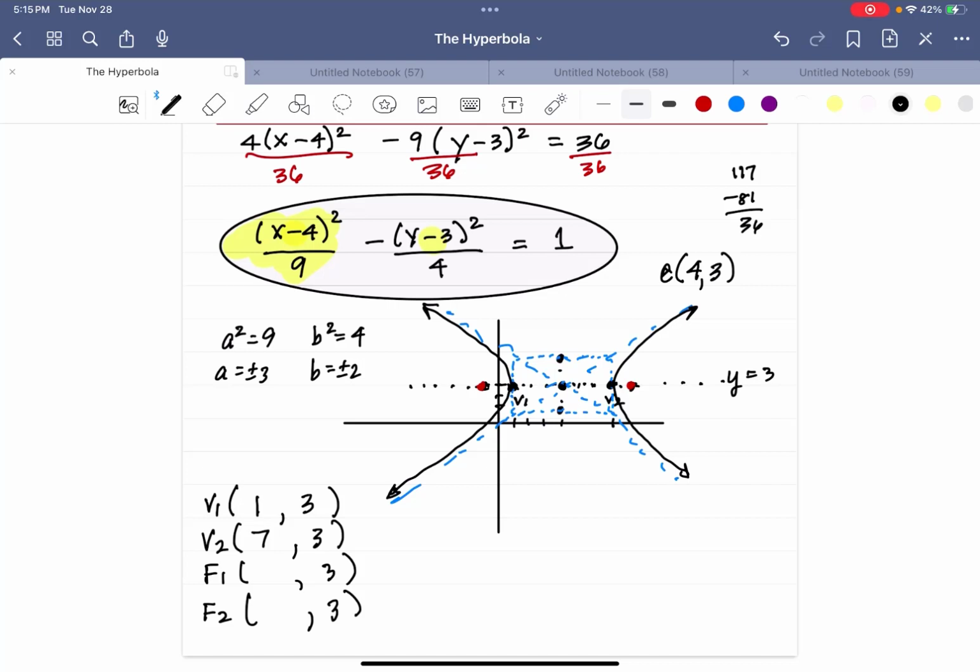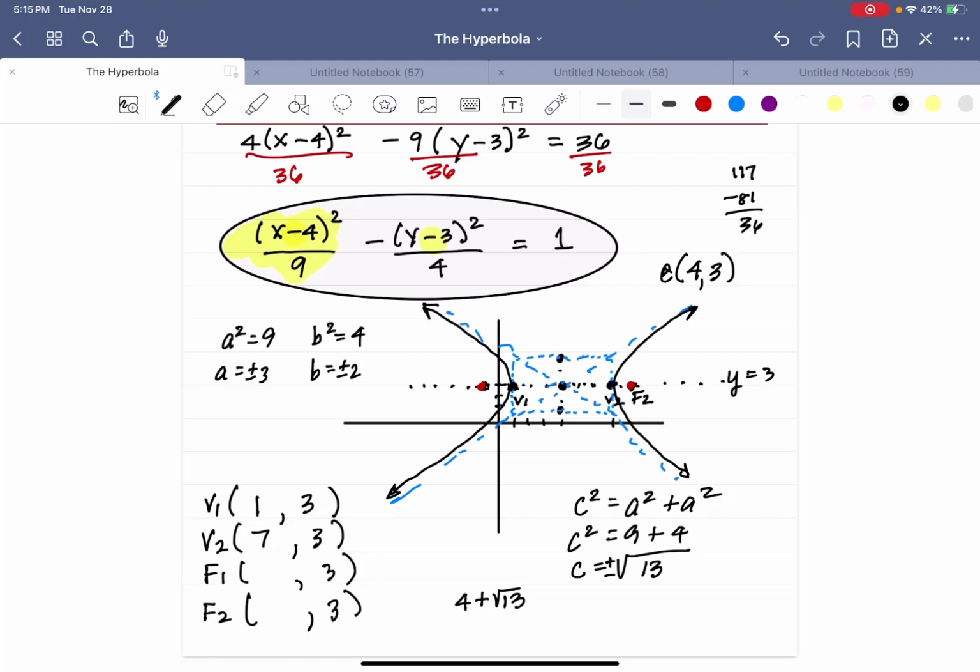And the focus, remember, our foci, to find it, we need to find c. C squared is a squared plus b squared. So c squared is 9 plus 4. So c is the square root of 13, and it's the plus and minus. So from the center 4 plus the square root of 13 will be this one on the right.